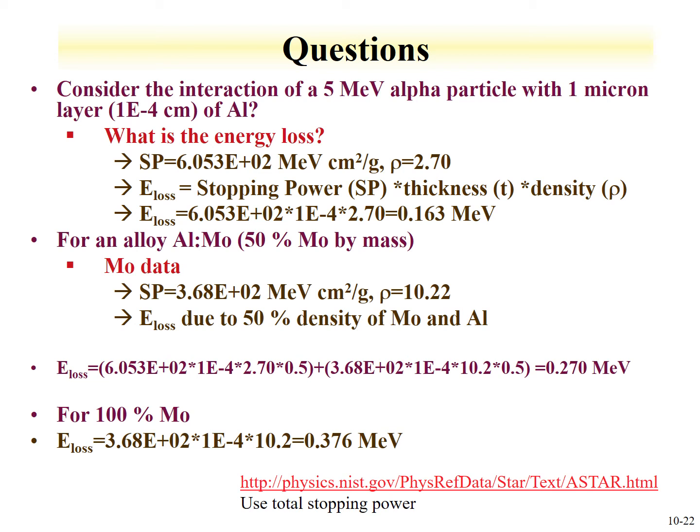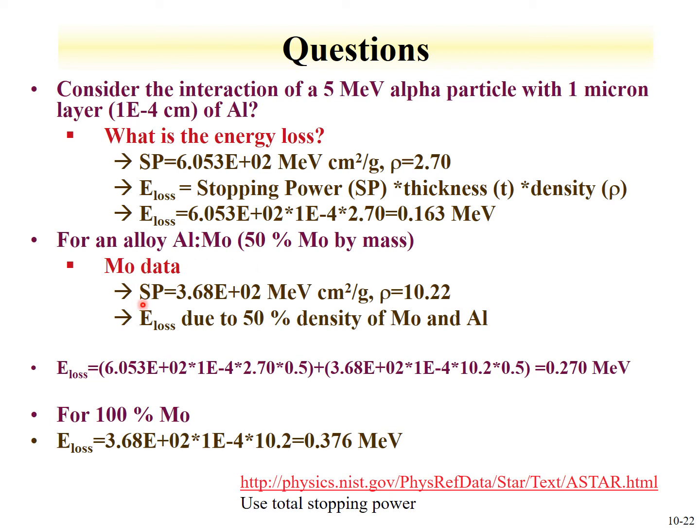Now, using the same database, we can actually investigate some more complicated systems. Here's an example of, as opposed to just using aluminum, what if we had an alloy of aluminum and molybdenum, where it's 50% by mass molybdenum? We could again go to the ASTAR web page and get the relevant molybdenum data.